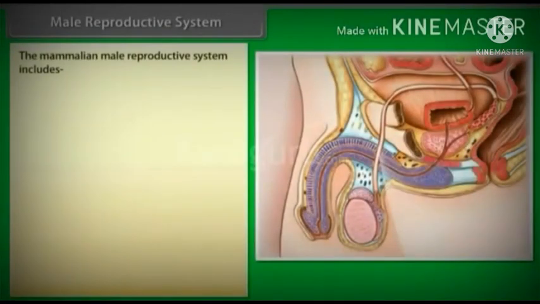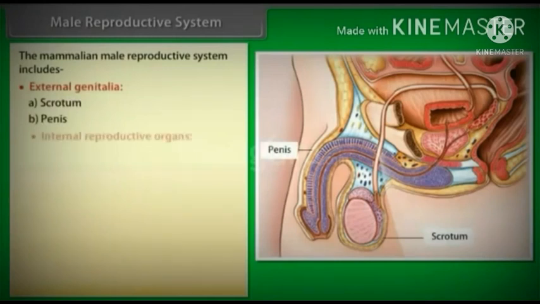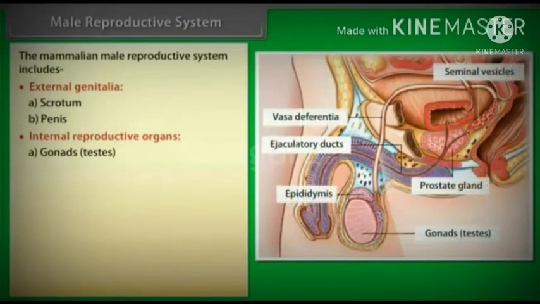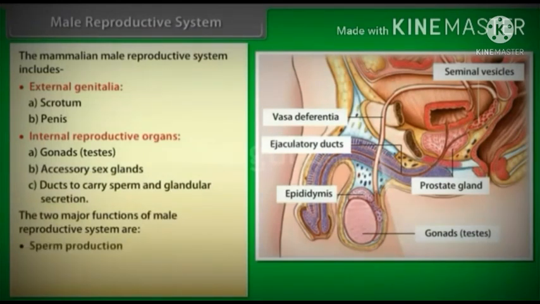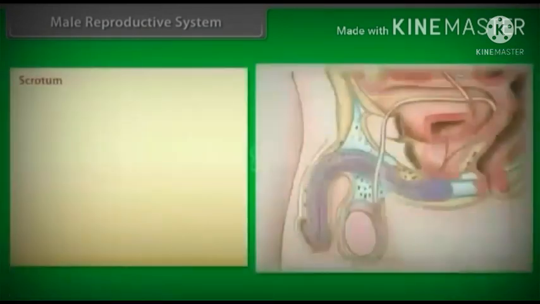The mammalian male reproductive system includes external genitalia, scrotum, penis, internal reproductive organs, gonads, which means testes, accessory sex glands, ducts to carry sperm, and glandular secretion. The two major functions of the male reproductive system are sperm production and deposition of sperm in the female reproductive tract.